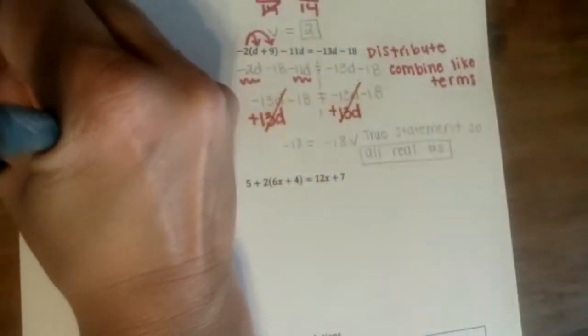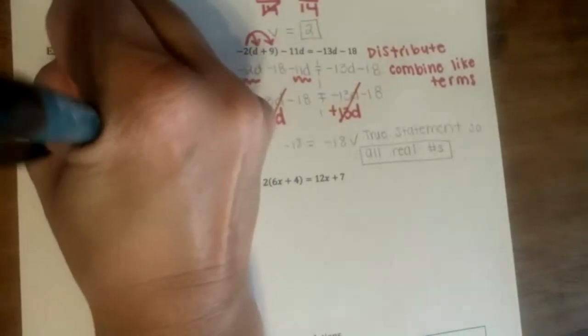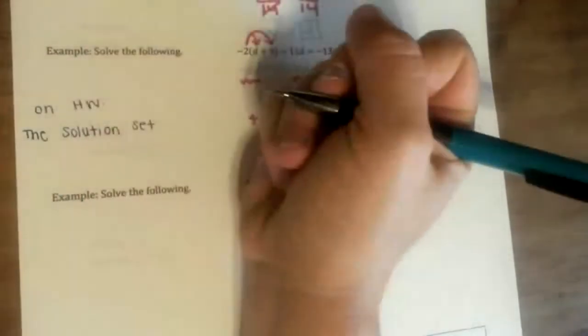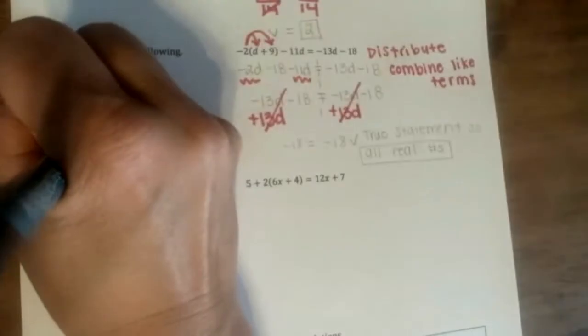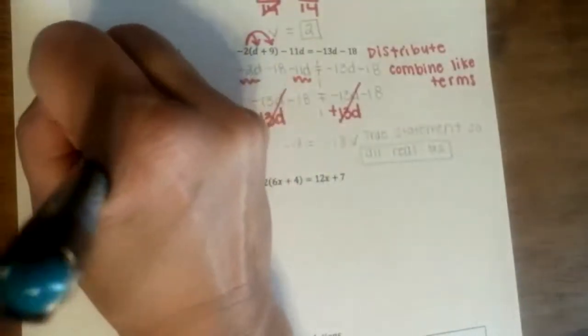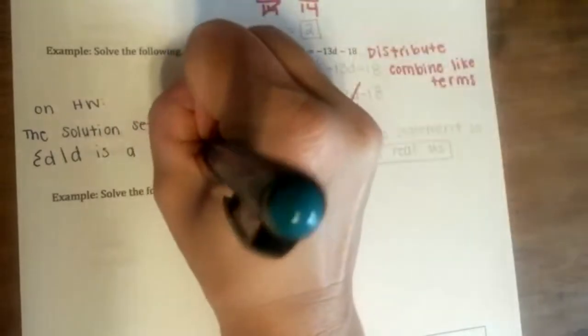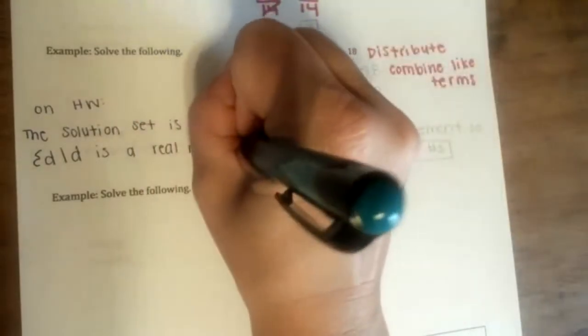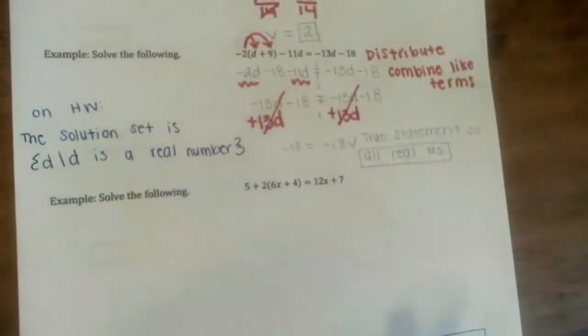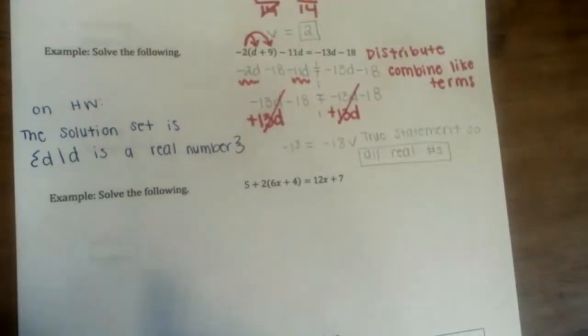And one of the multiple choice options will say the solution set is squiggly bracket d such that d is a real number. My squiggly brackets aren't the greatest, but you'll get the point.